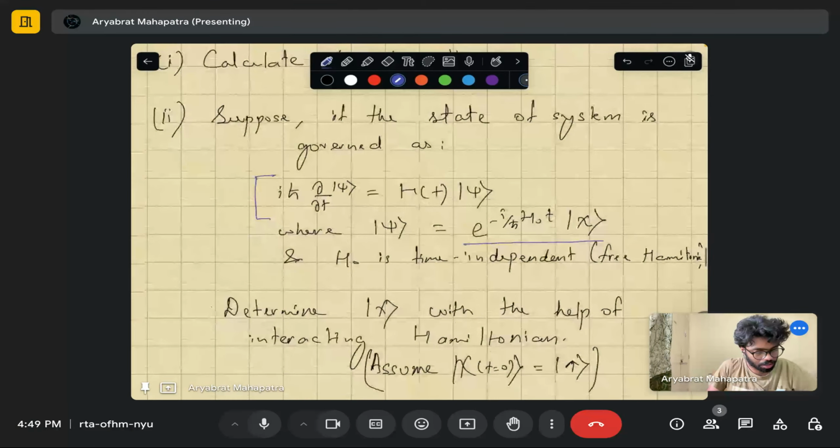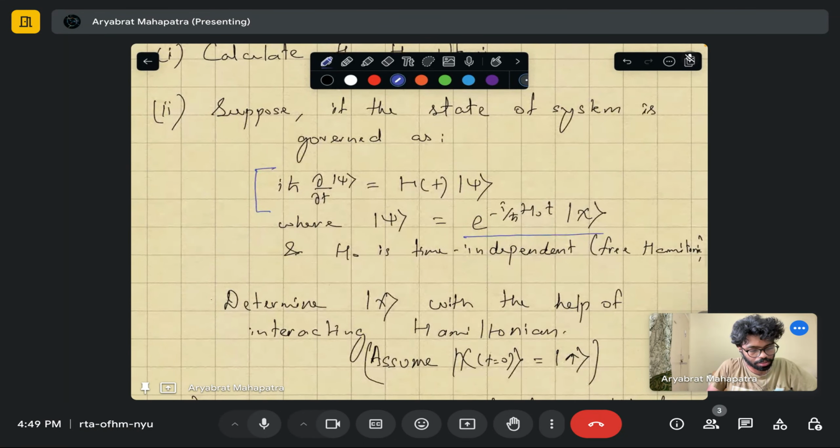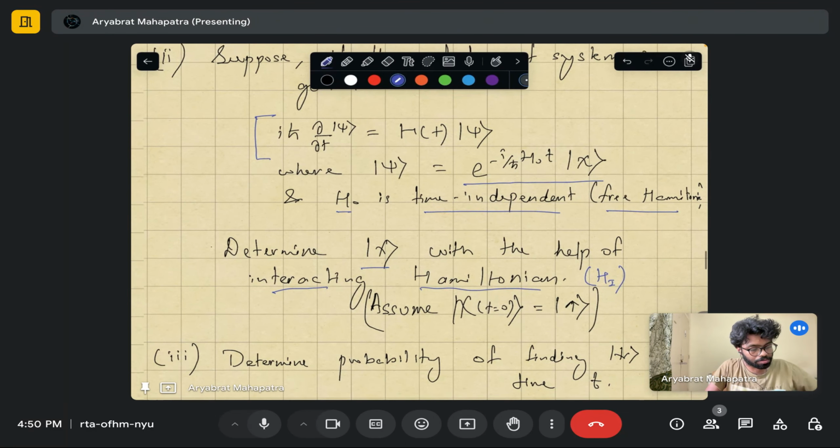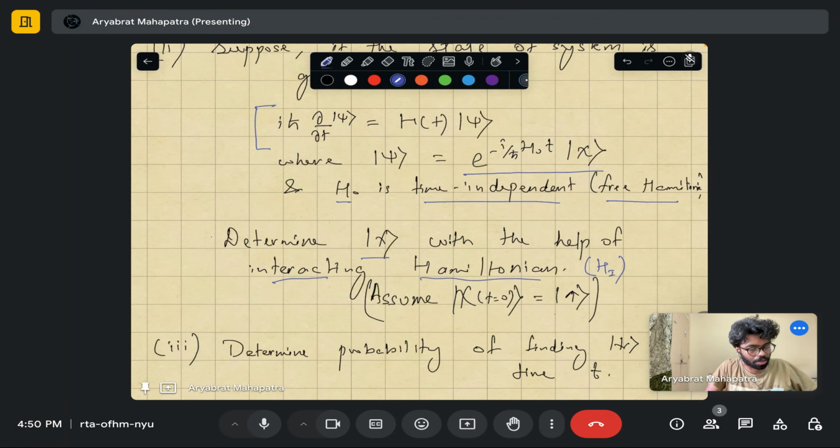You can say that psi is the solution for this Schrodinger equation, where H naught is the time independent part of the free Hamiltonian. Then determine chi with the help of the interacting Hamiltonian. So what is the interacting Hamiltonian? We'll see. We have to determine this with the help of H I, and assume the initial state of chi to be some up state.